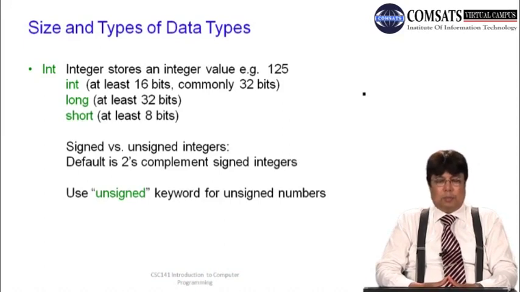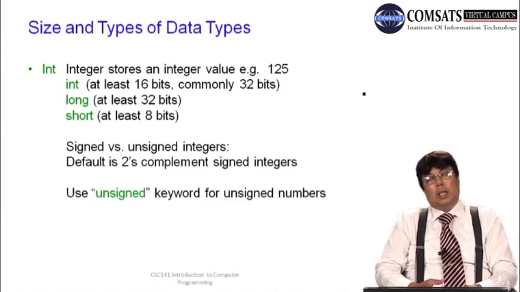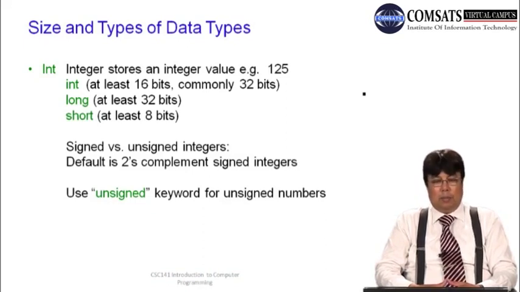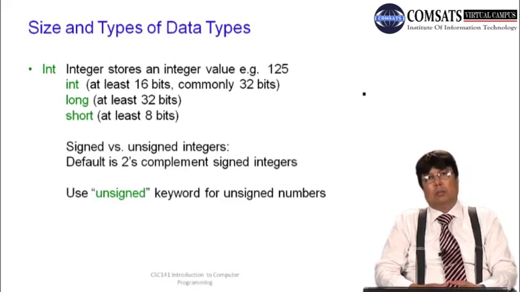So we can say that int is a data type that is used to store integer data, integer numbers, a number that does not contain any decimal point. The size of int is at least 16-bit, or commonly could be 32-bit.